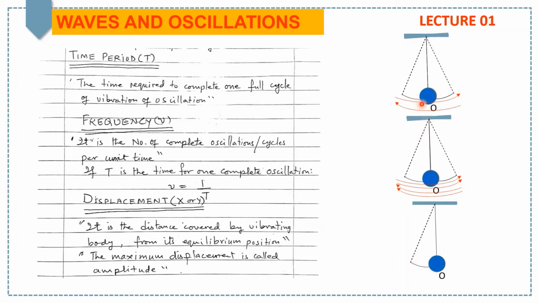The time required to complete one full cycle is called the time period. And frequency is the number of complete oscillations per unit time. Please remember that time period T is inversely proportional to the frequency. If we represent frequency with mu, it can be written as mu equals 1 over T. So you can see mu and T are reciprocal to each other.